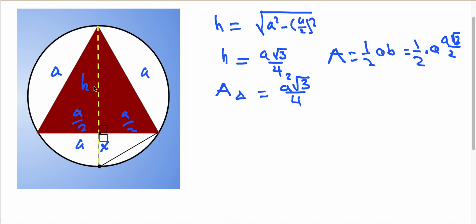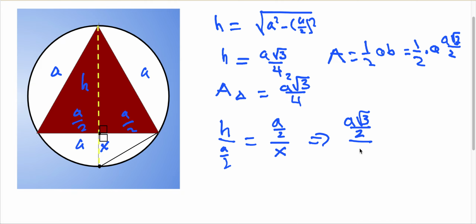Now h, this side, over the long side of the small triangle, a over 2, is equal to the short side of the medium triangle, a over 2, divided by the short side of the small triangle, x. If we are simplifying a little bit, this is square root of 3 divided by 2, a divided by 2 is equal to a divided by 2 over x.